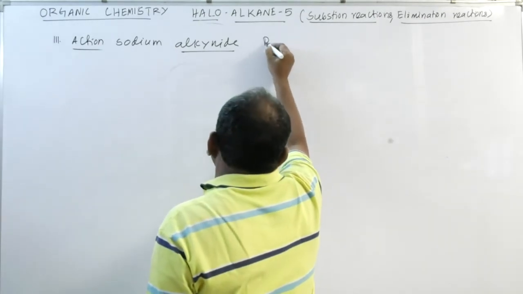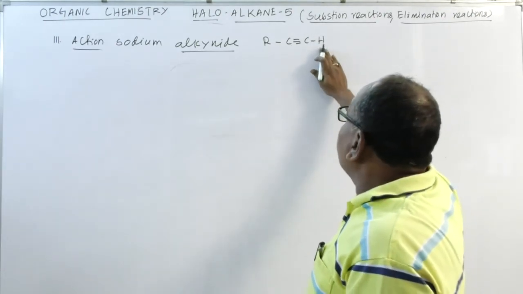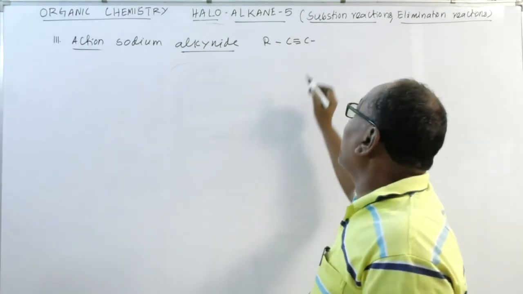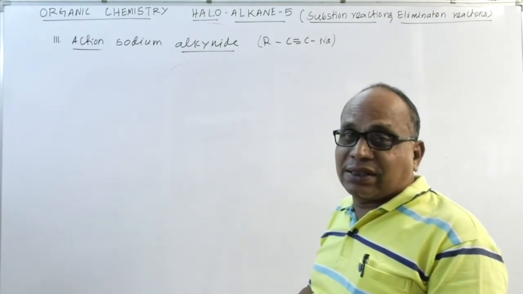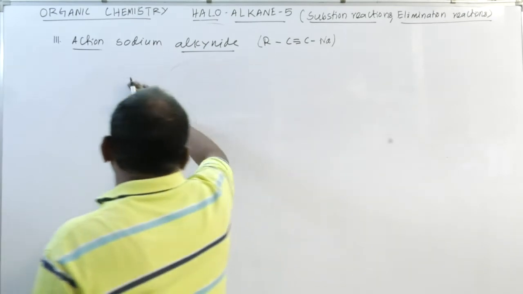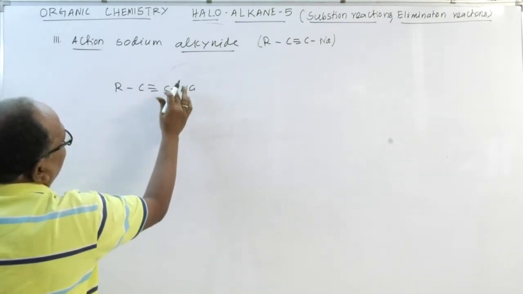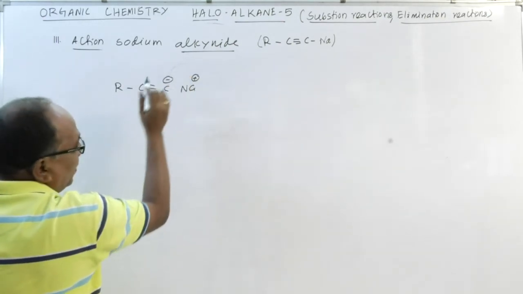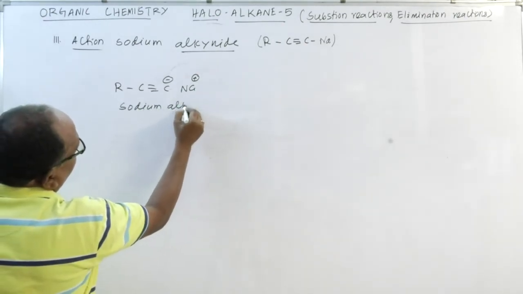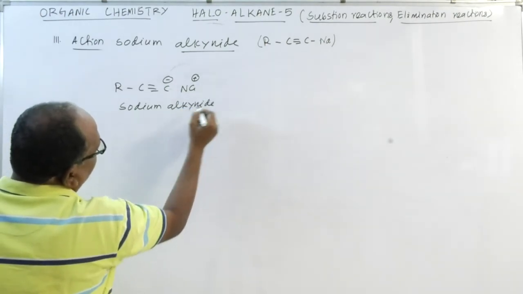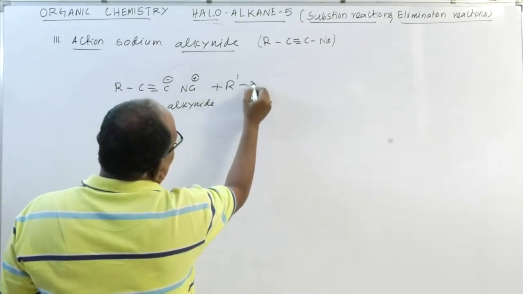So this is your alkyne, and when the hydrogen atom is replaced by sodium, you get sodium alkynide. That means this is the negative part, this is your positive part, this is solid. This is called sodium alkynide, because from alkyne, sodium alkynide reacts with alkyl halide.